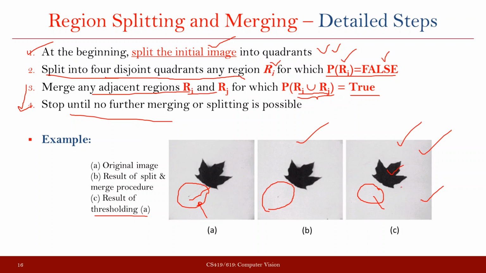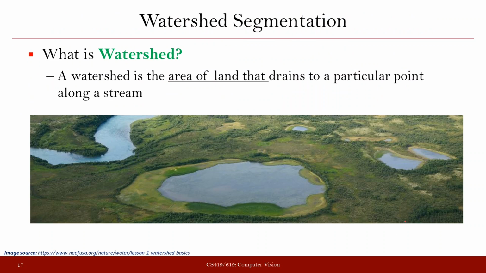Because they are very few in number, the threshold that is decided will be based on these pixels and these pixels. That is why in the output you are not able to see that part.